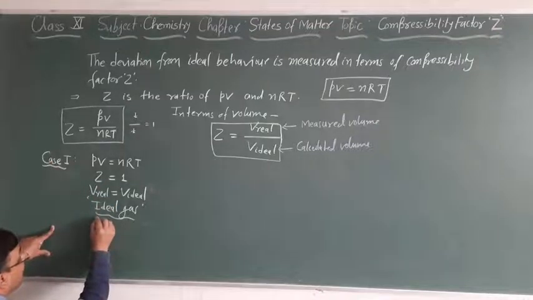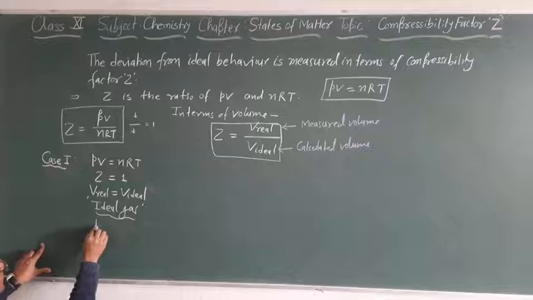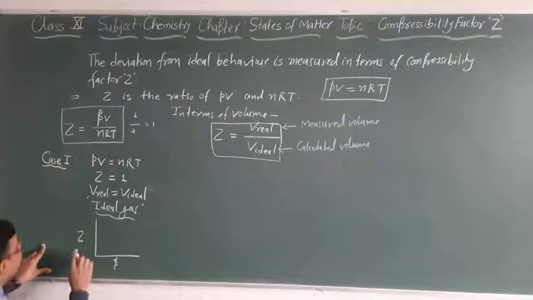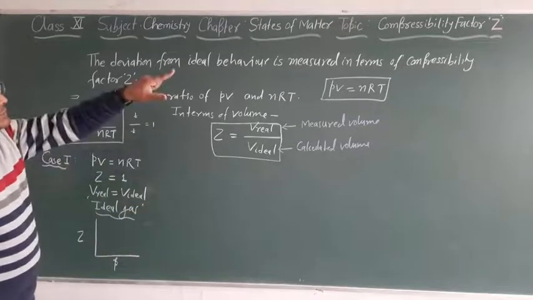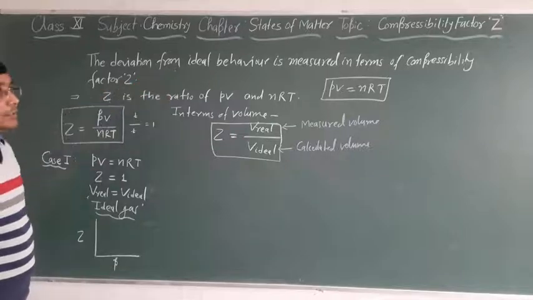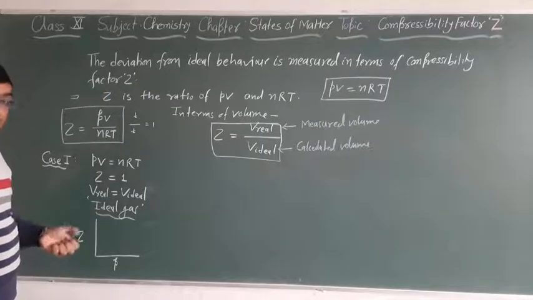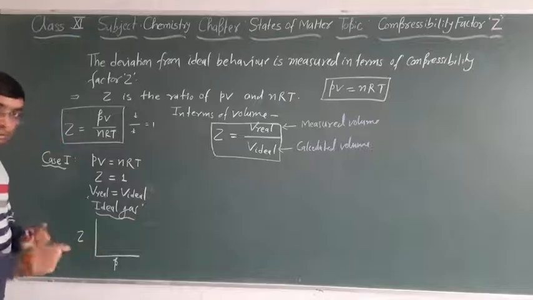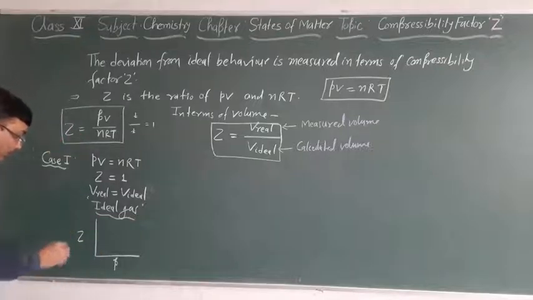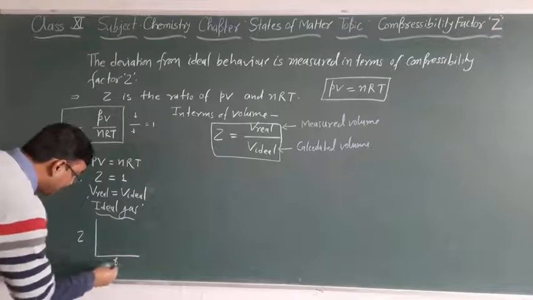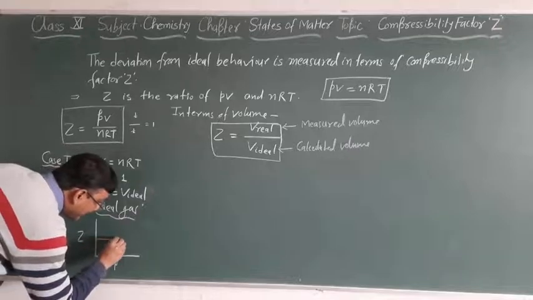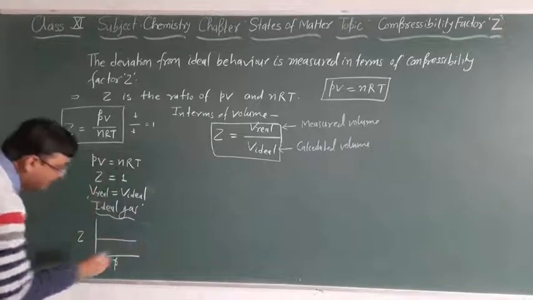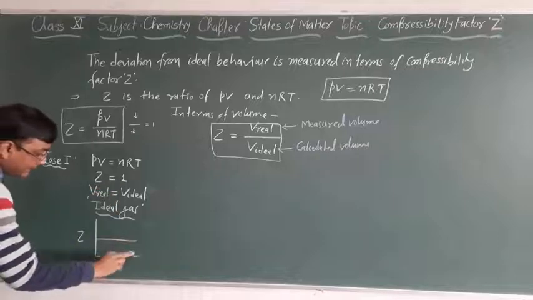Now when we plot a graph of Z versus P, the word compressibility shows that when a gas is compressed by applying pressure, Z is closely related to the pressure. So when we draw the graph of compressibility factor versus pressure, we will get a straight line. Z will always be constant, equal to 1, on increasing pressure.